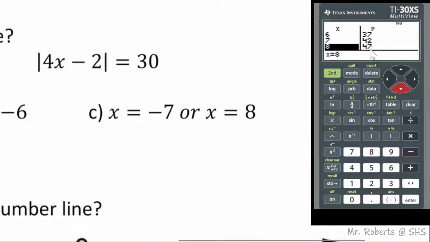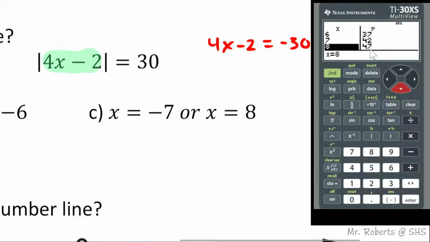So I have this absolute value equation, and I know that this expression inside, this thing inside, the 4x minus 2, because the absolute value of that is producing an answer of 30, I know that that 4x minus 2 is either equal to negative 30, or the 4x minus 2 is equal to positive 30.